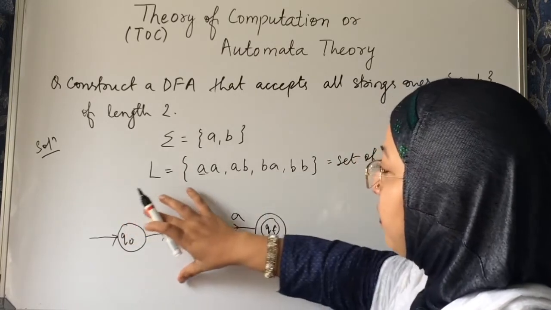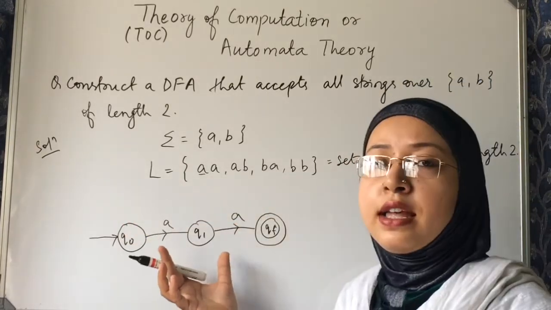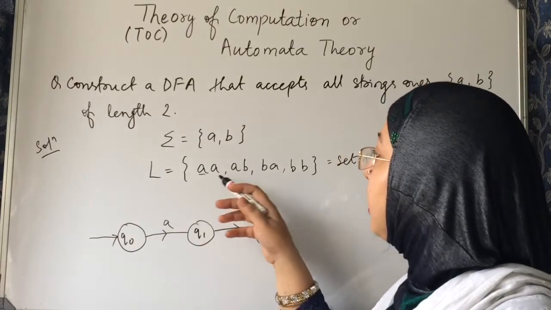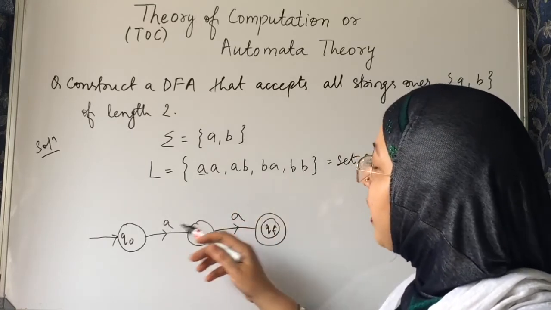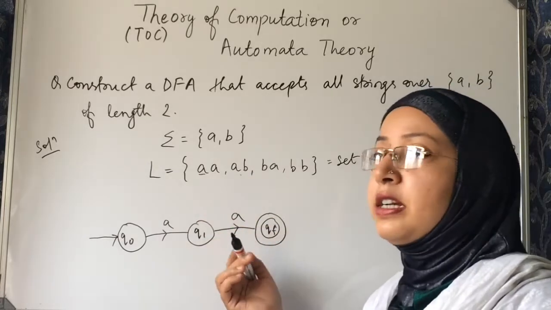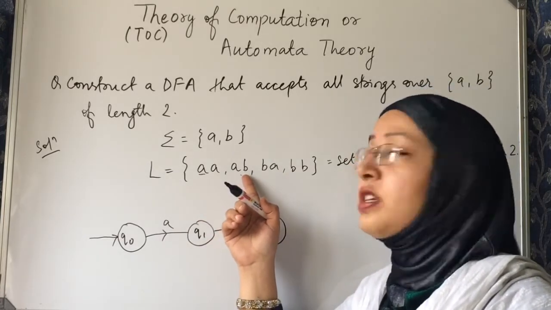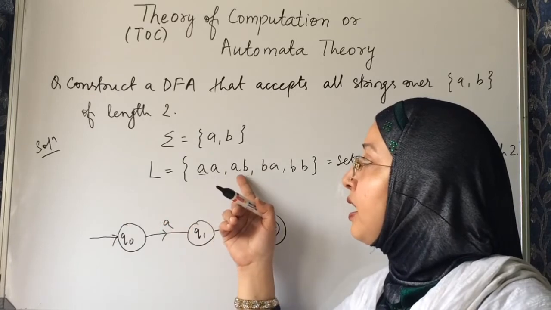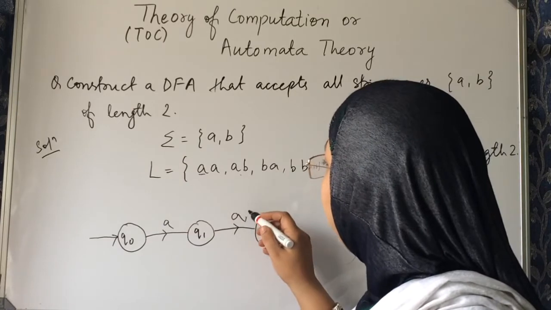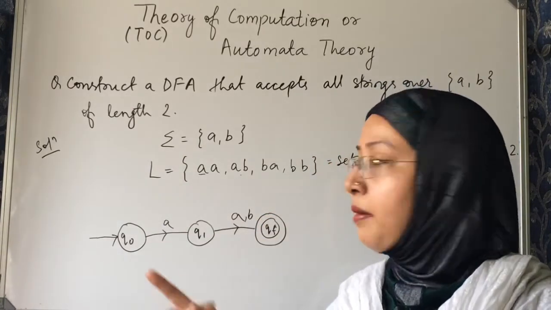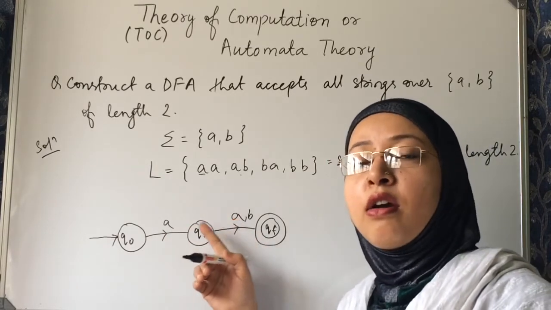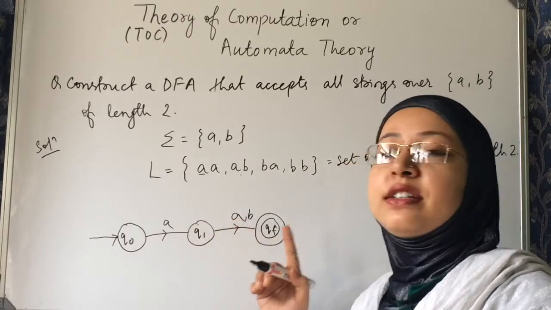From this diagram, it accepts AA, but you have to show that it accepts AB also. For AB, it starts with A, and for the next symbol it has to see B. The first symbol is A, but the second symbol is B. So here we can write comma B. Starting with A, the second symbol can be A or B, and both ways it reaches the final state.